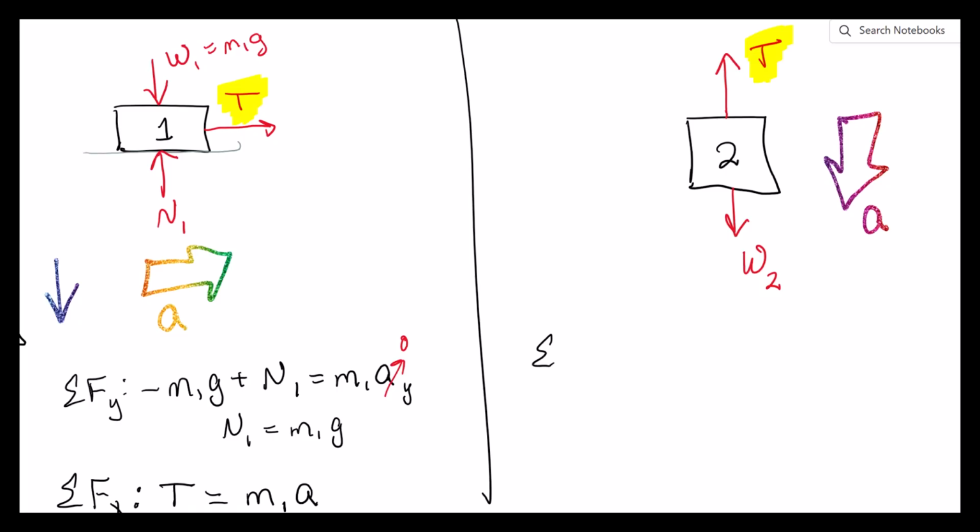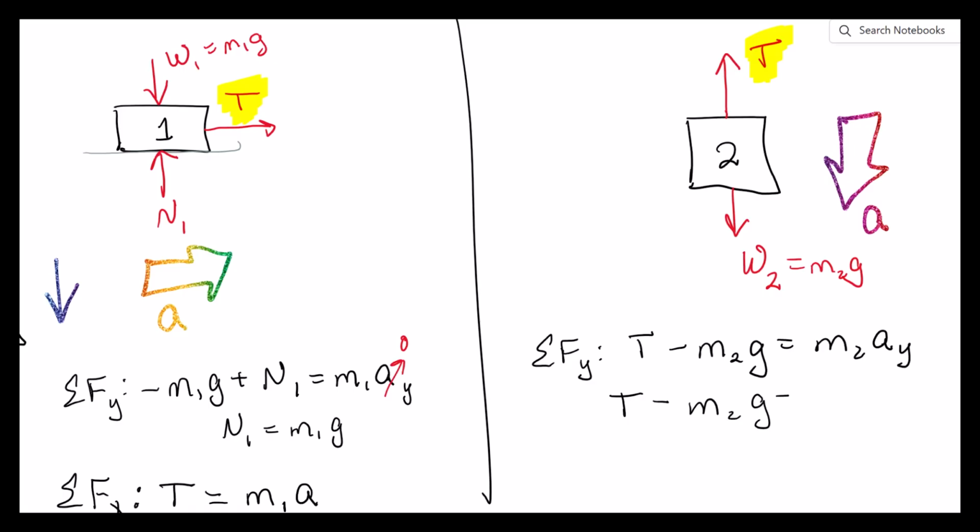Now if I look at the sum of the forces in the y, I have T going up, W2 going down. Weight 2 is equal to m2g. So T minus m2g equals mass 2 times the acceleration in the y. What did we decide?